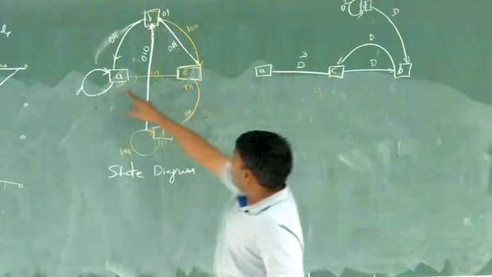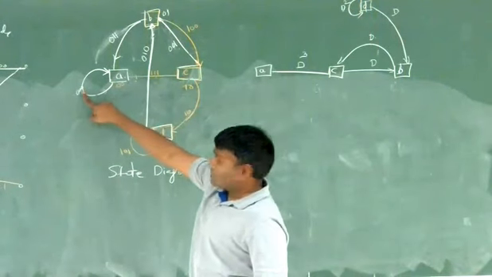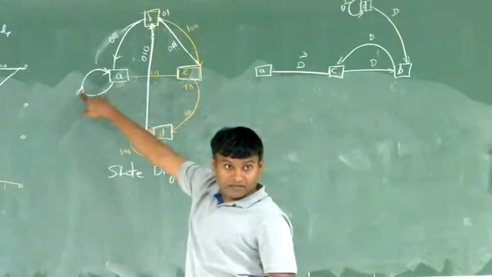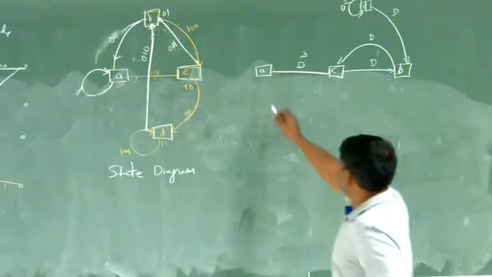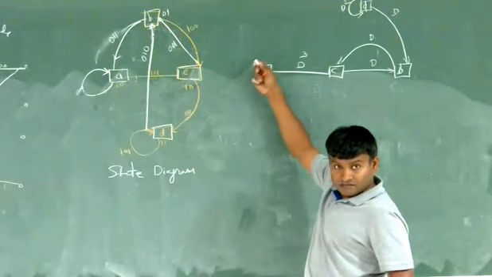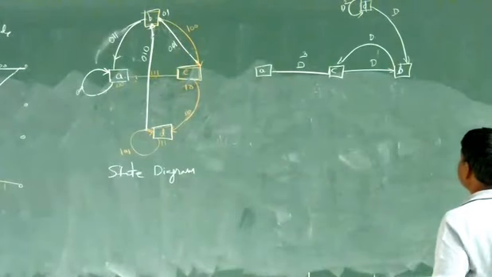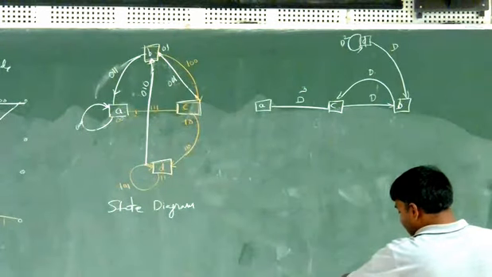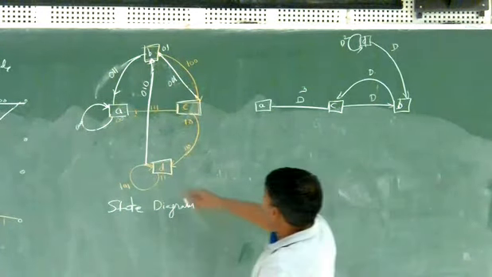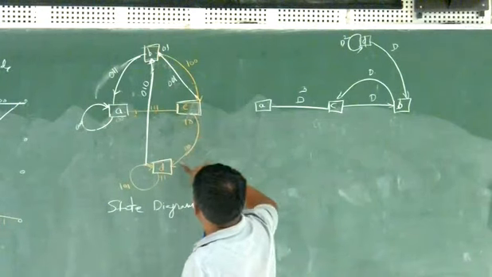In A, you can go from A to A, but the weight is 0, so we'll eliminate it. That doesn't contribute to the Hamming distance, so we don't include it. We can put a circle here, D raised to 0, so it doesn't contribute any weight. From C to D, it is D square.